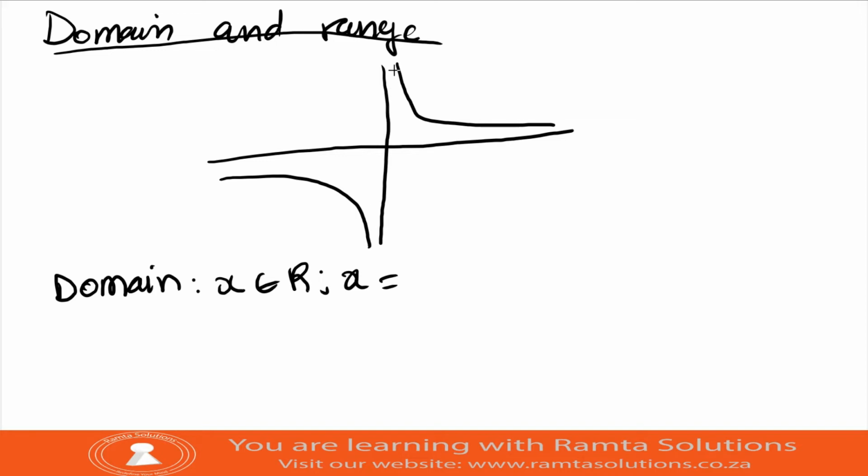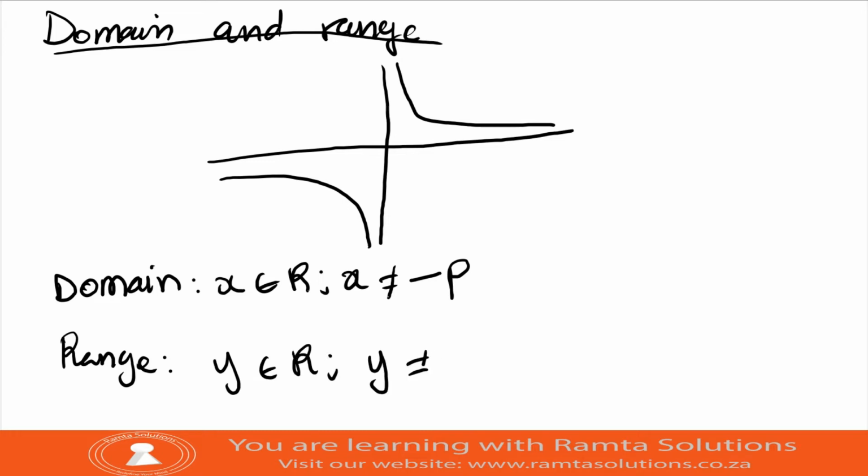So here, our vertical asymptote is our q value. So we'll say domain x is an element of real numbers, but x is not equal to minus p. Our range will be y is an element of real numbers, but y is not equal to q. If you say this, you are done.